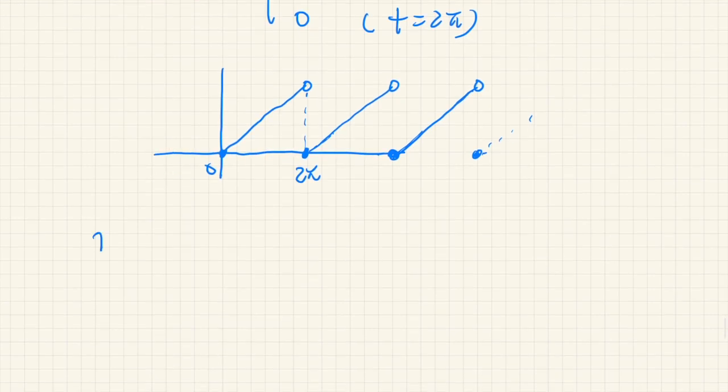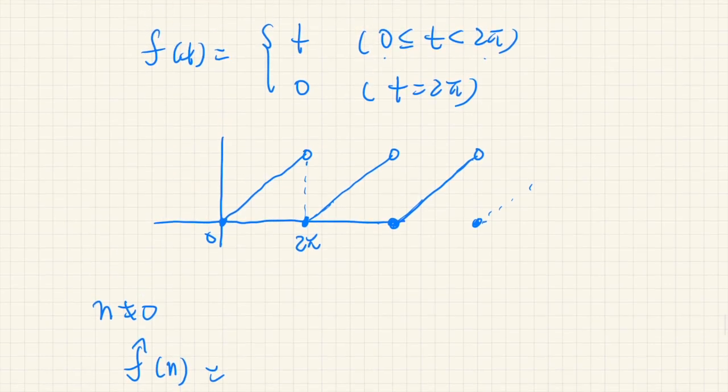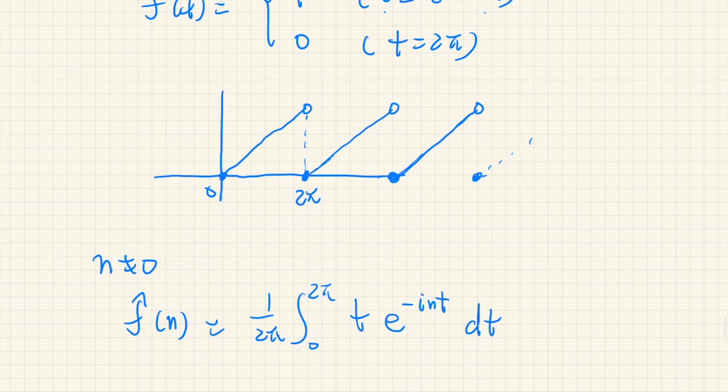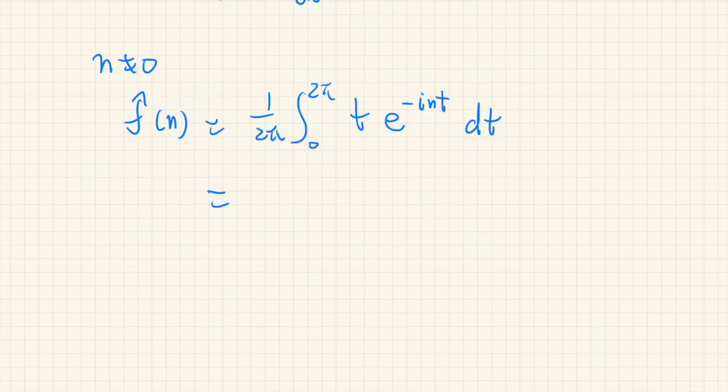Okay, when n is not equal to 0, the Fourier coefficient becomes 1 over 2 pi, integrate from 0 to 2 pi, t times exponential of negative i n t dt. Okay, we can use integration by parts.